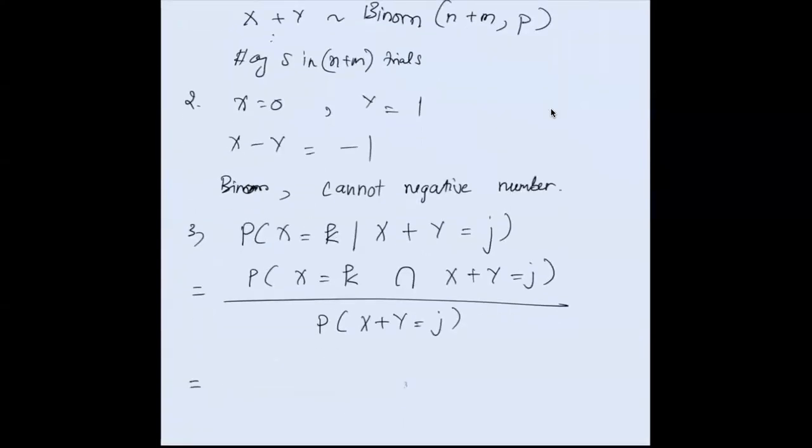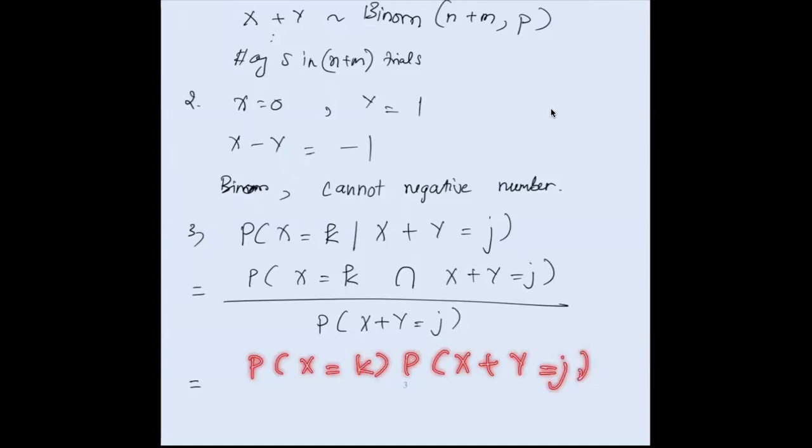One of the common mistakes that students make here is they break down the numerator into the probability of x equal k times the probability that x plus y equal j. However, this is wrong.